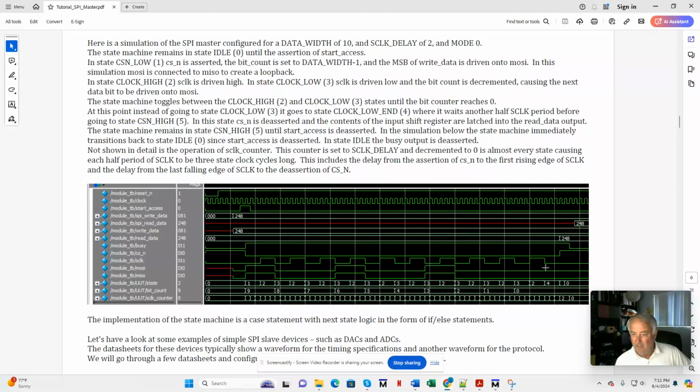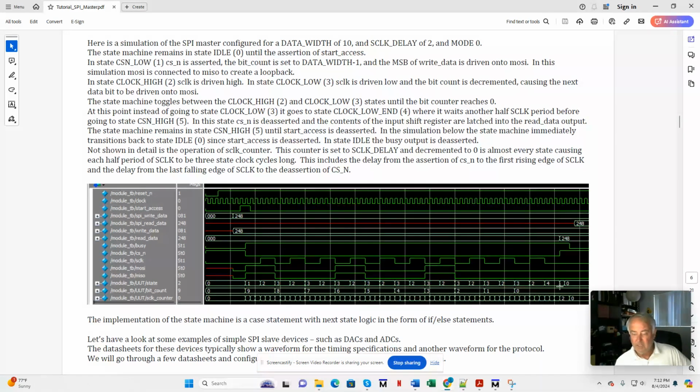So in state 4, which is the clock low end state, we're just counting out S clock cycles. S clock counter is counting the number of state clock cycles we dwell on each state of S clock. So we're 3 state clock cycles while S clock's high. We're 3 state clock cycles while S clock's low, and so forth.